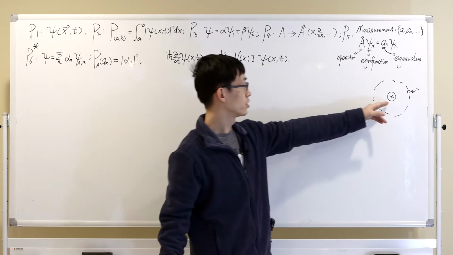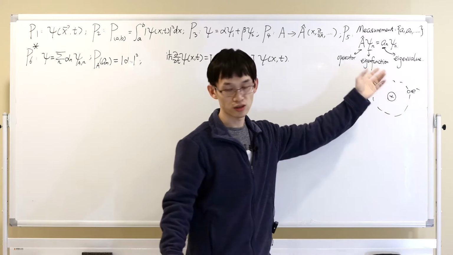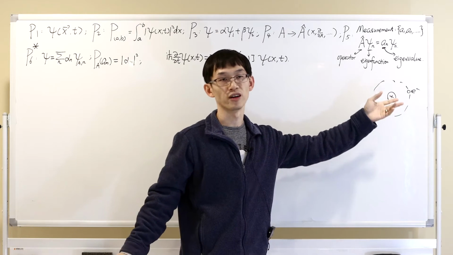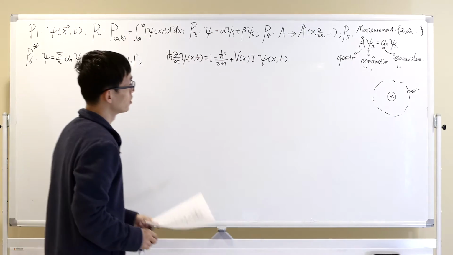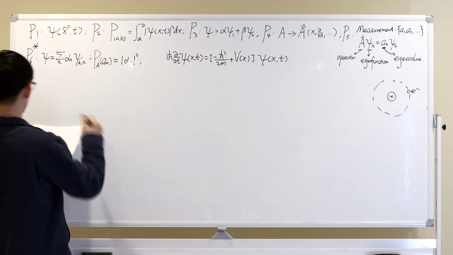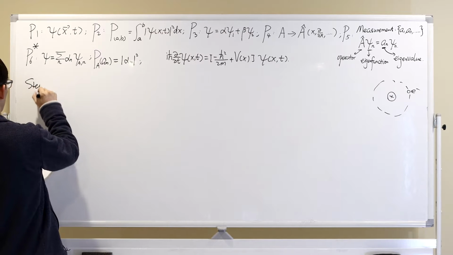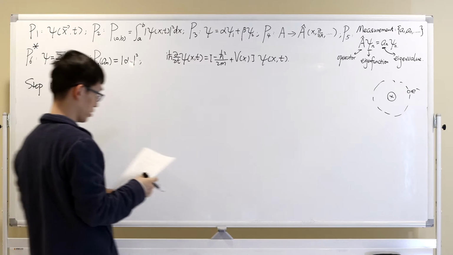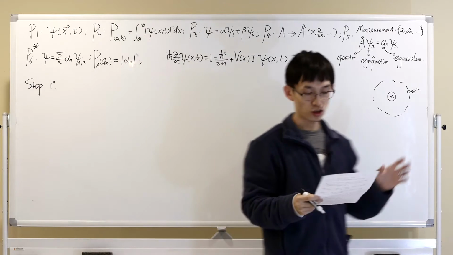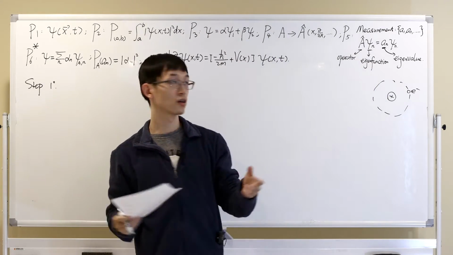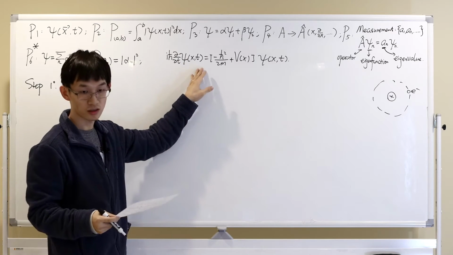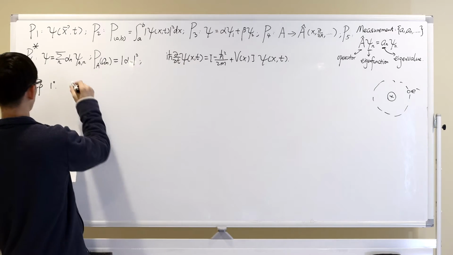You can solve it classically, and then you will find it doesn't agree with the experiment, so you have to solve it quantum mechanically. So step 1 of solving a problem in quantum mechanics is to write down the Schrodinger equation.